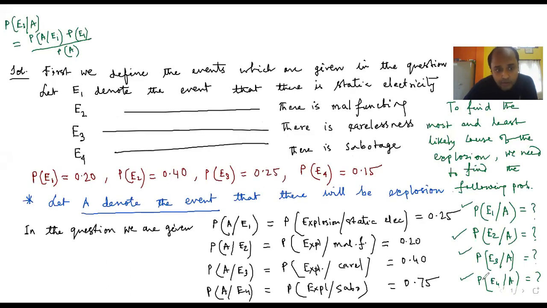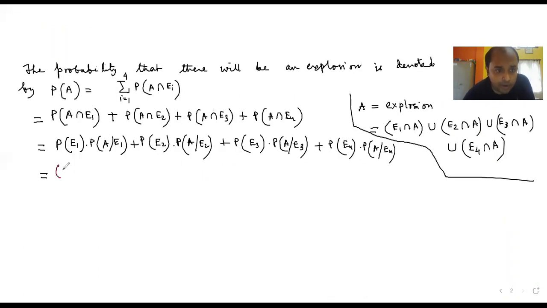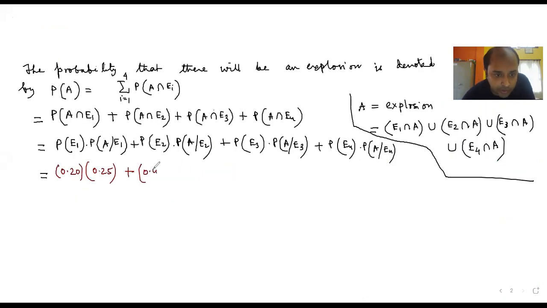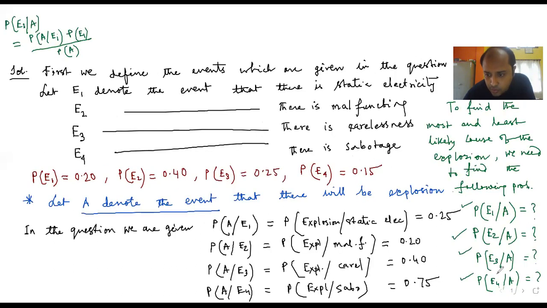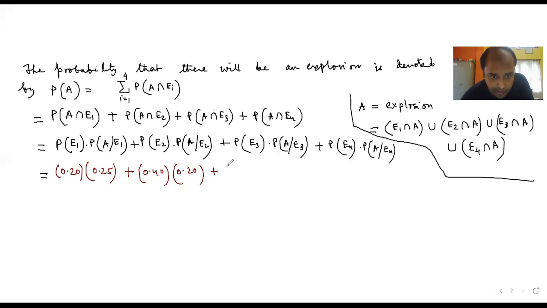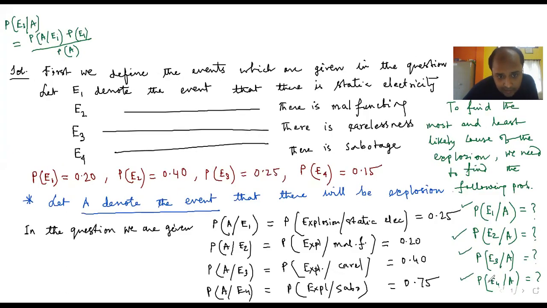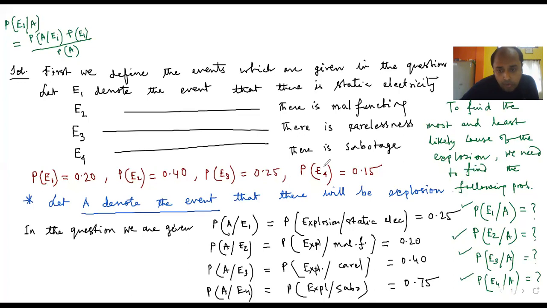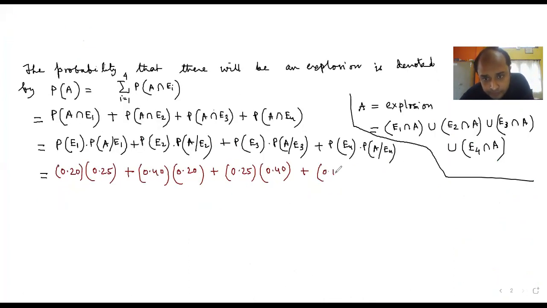E1 and A given E1: 0.20 into 0.25, plus E2 and A given E2: 0.40 into 0.20, plus E3 and A given E3: 0.25 and 0.40, plus 0.15 and 0.75. So a value will come.